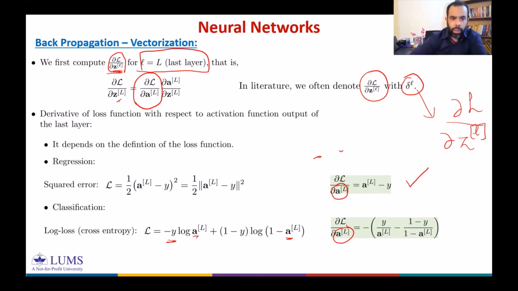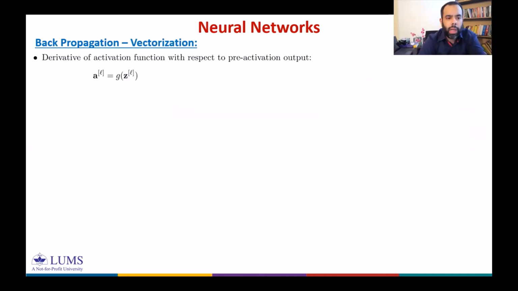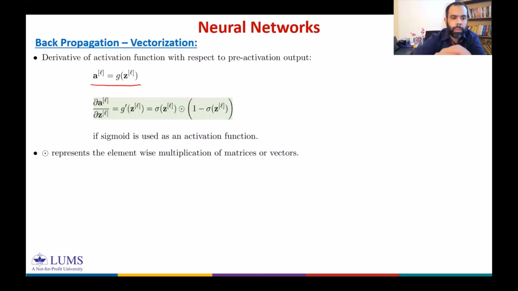Okay, we also want the derivative of the activation function with respect to the pre-activation output. That's how we relate for every neuron, in fact, or for every layer. The derivative with respect to Z^L will be simply the derivative of the activation function. Here we are assuming, if you recall, that the activation function is acting on each entry of the vector Z, because sigmoid is defined for scalar inputs, right?